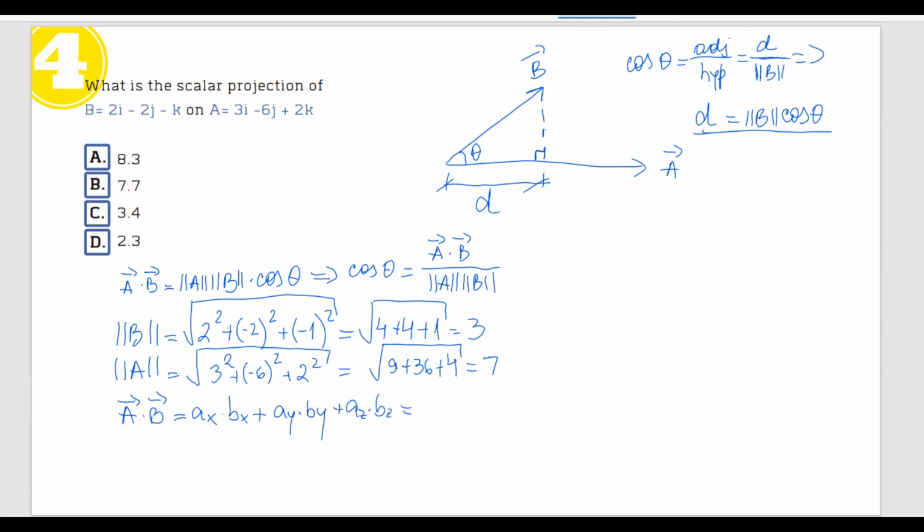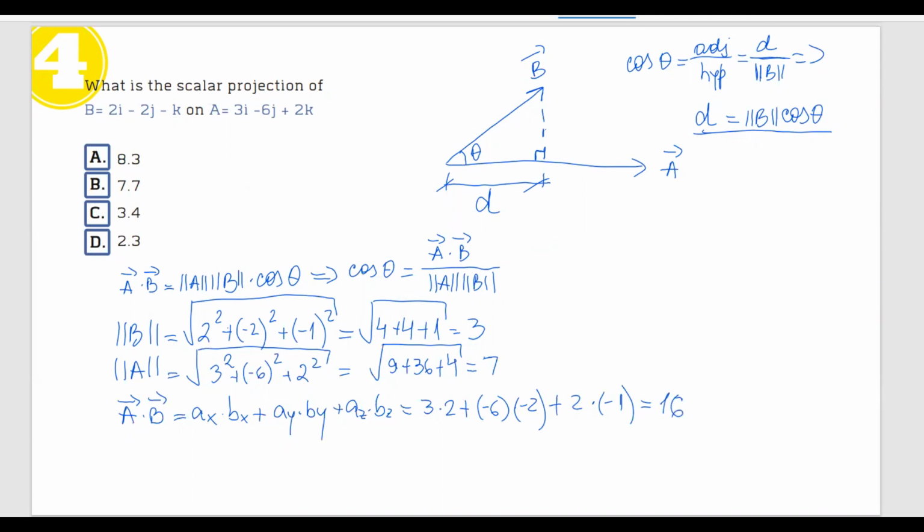And this is going to equal 3 times 2 plus (-6) times (-2) plus 2 times (-1). And we are going to get that the dot product equals 6 plus 12 minus 2. I'm going to get 16.